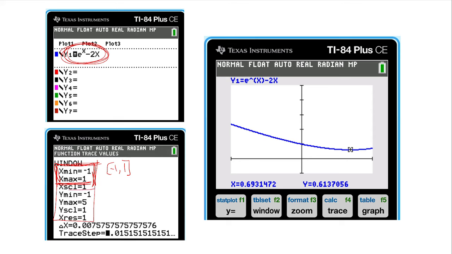And then for my y's, I ended up choosing -1 to 5, because I knew that my mins and maxes would fit in there, if that makes sense. All the mins and maxes that we found were between -1 and 5. And I probably could have gone a little bit smaller, maybe used a 4 or even a 3 and gotten the whole graph in there. But this will work.